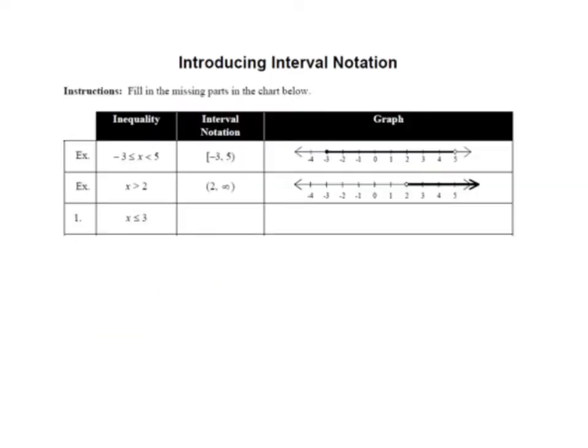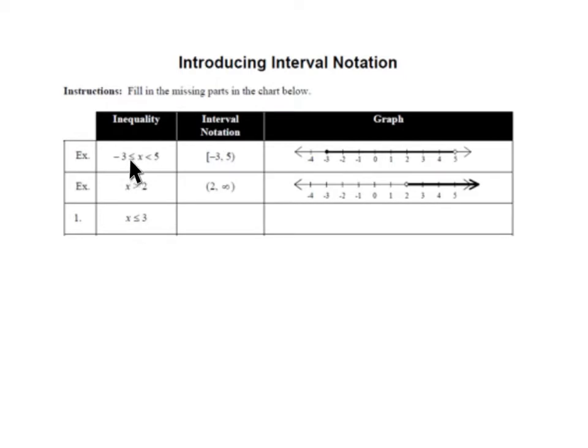All right, let's talk about interval and set notation. These are some examples from a worksheet that you're going to see when you get to class. But I want you to notice some things here. Here it's written as an inequality. It says x is greater than or equal to -3, but less than 5. Written in interval notation, it looks like this.